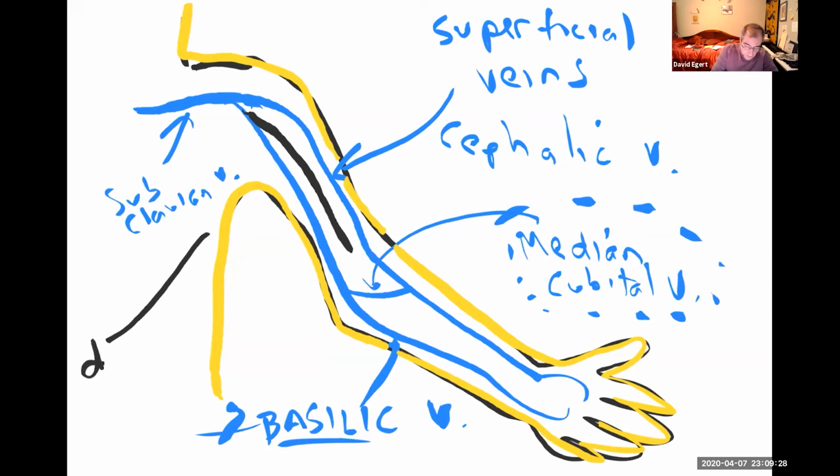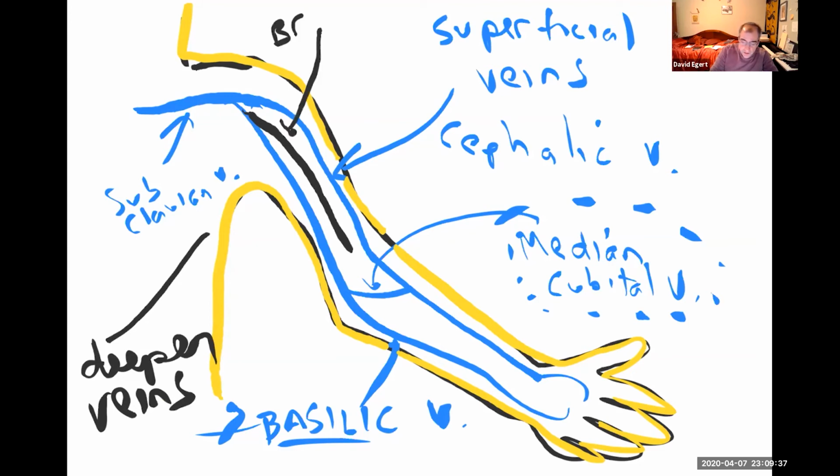So these are going to be the deeper veins. There's going to be a brachial vein. And it's also going to split into a radial and ulnar vein.